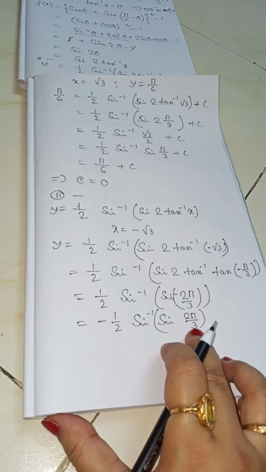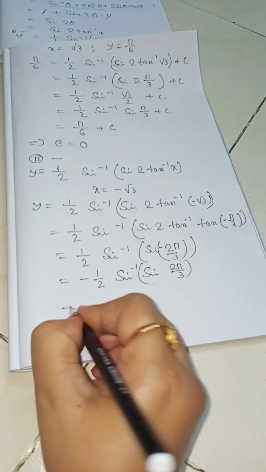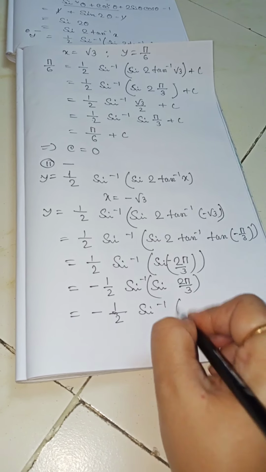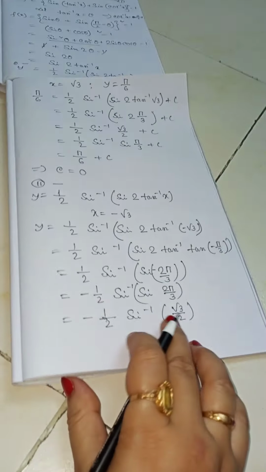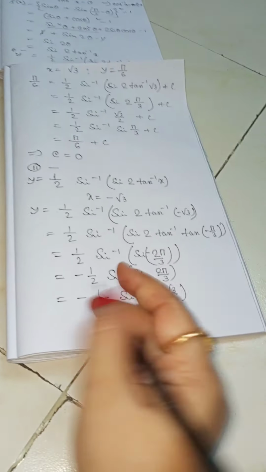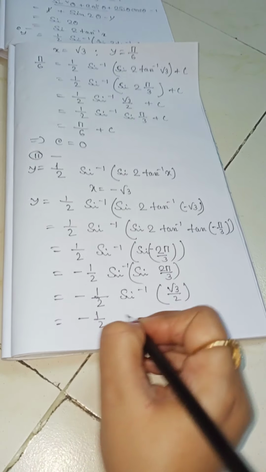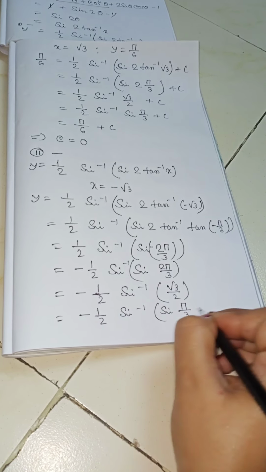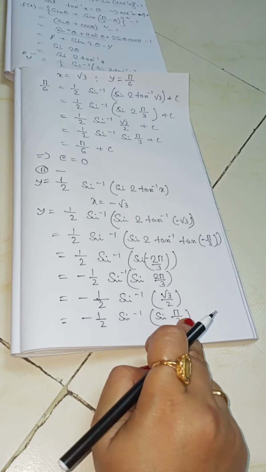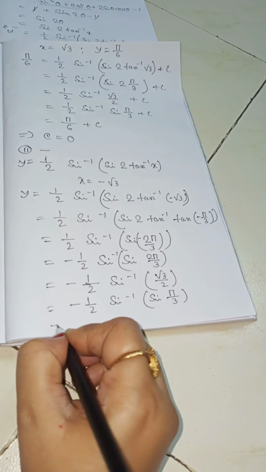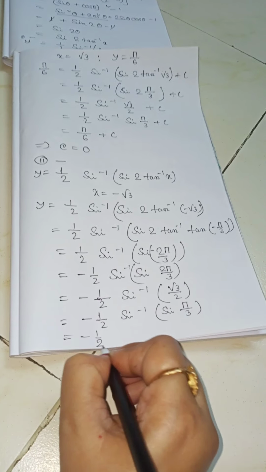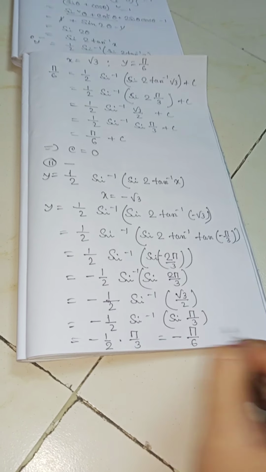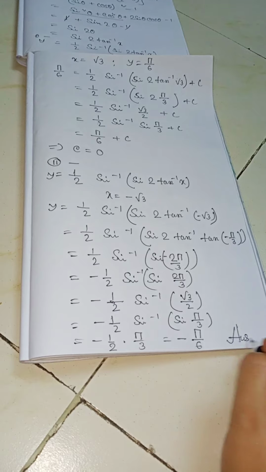We also know sin(2π/3) = √3/2, therefore −(1/2) sin⁻¹(√3/2). We also know √3/2 = sin π/3, so −(1/2) sin⁻¹ sin(π/3), and this is only π/3, so it is equal to −(1/2)(π/3) = −π/6. This is our required answer.